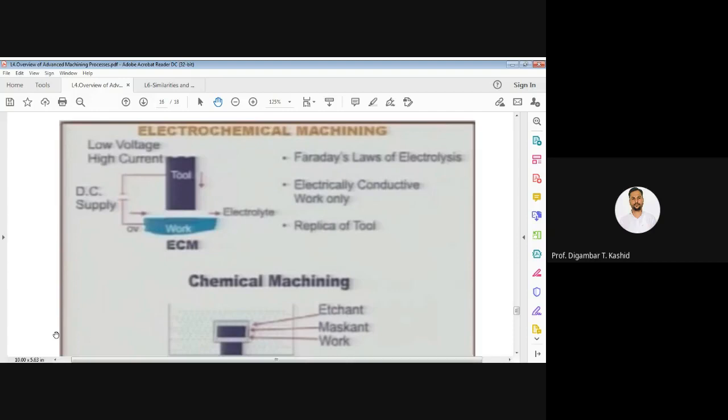The electrolysis process and Faraday's law, and then we will move towards the electrochemical process. The necessity of this process is that the workpiece should be electrically conductive. That is important, and you can see it in the figure also.